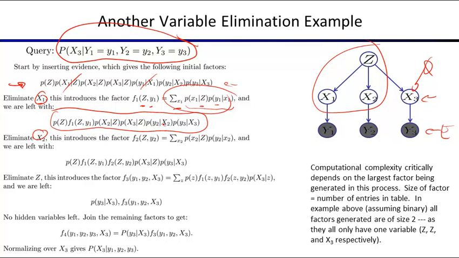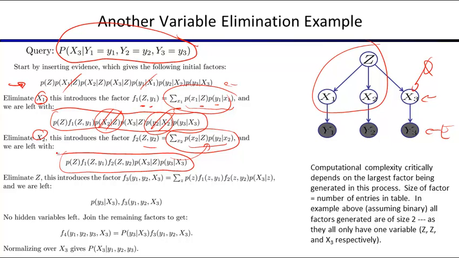Which ones have x2? This one here, this one here. Both of these are put in this expression, multiplied together, summing out over x2. Gives us a new factor over all variables that are sitting here except for x2, which is z and y2. These are gone now. These are our factors left after that step.